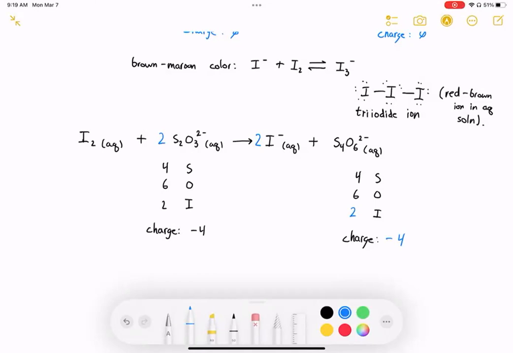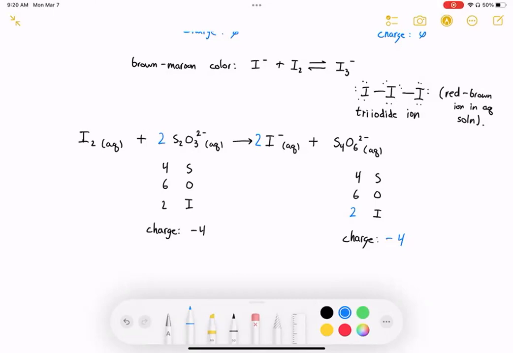Let me just Google this real quick. What is this ion name? I've seen it before. Tetrathionate. Yeah, so it's tetrathionate, I believe. Right, so that's the tetrathionate ion.